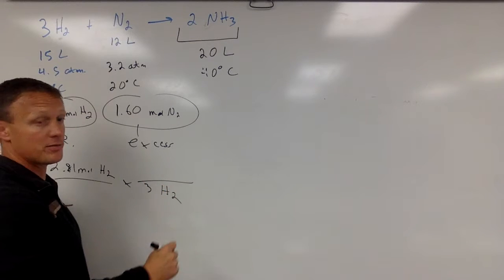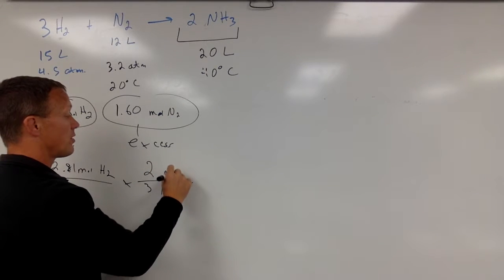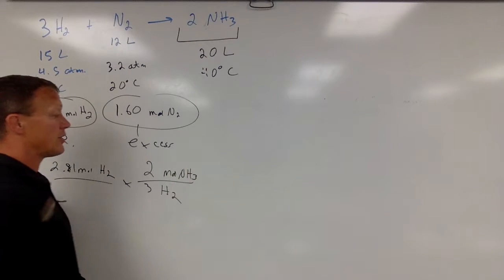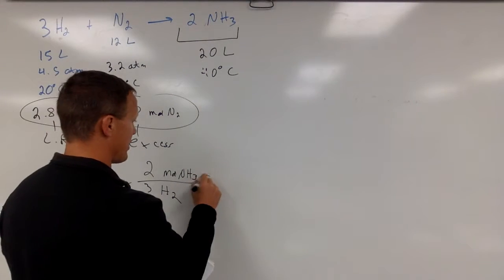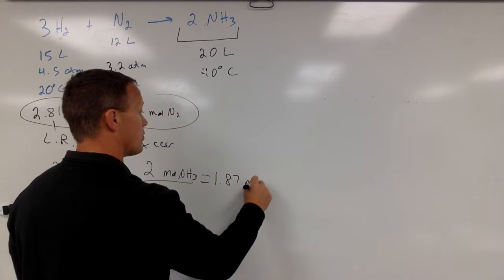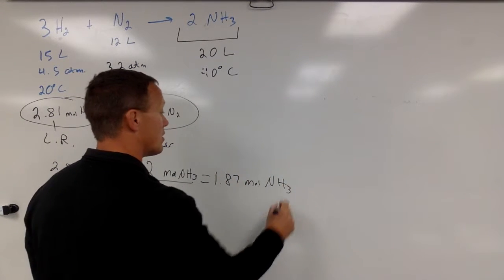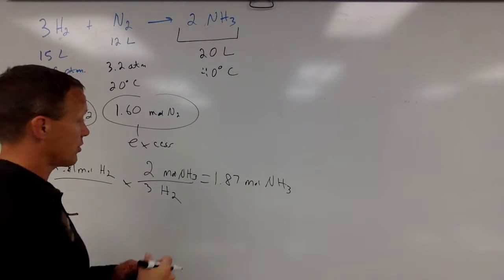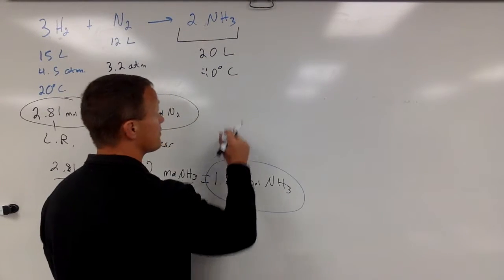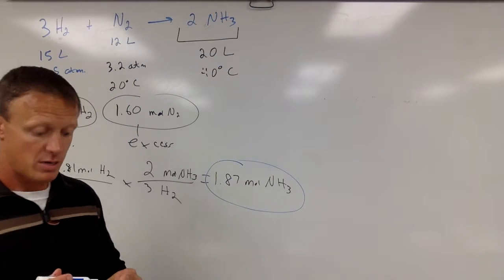Every 3 moles of hydrogen, there's 2 moles of NH3. So if we do that, we get 1.87 moles of NH3. So notice there's going to be that many moles of NH3 produced. So at the end of the reaction, that's going to be causing some pressure. We're going to want to know that.